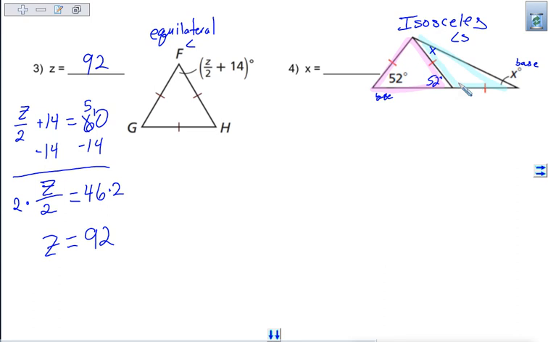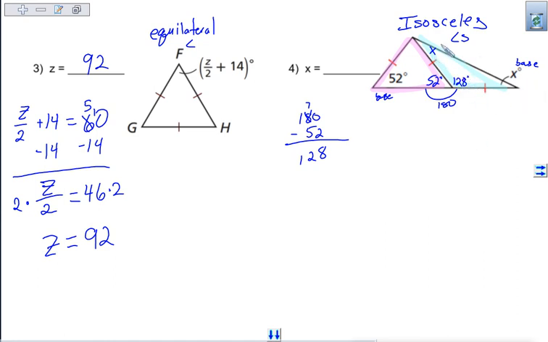Now we can find our missing angle in the right triangle by subtracting 52 from 180, because that is a linear pair. They're supplementary. And we get 128 degrees.